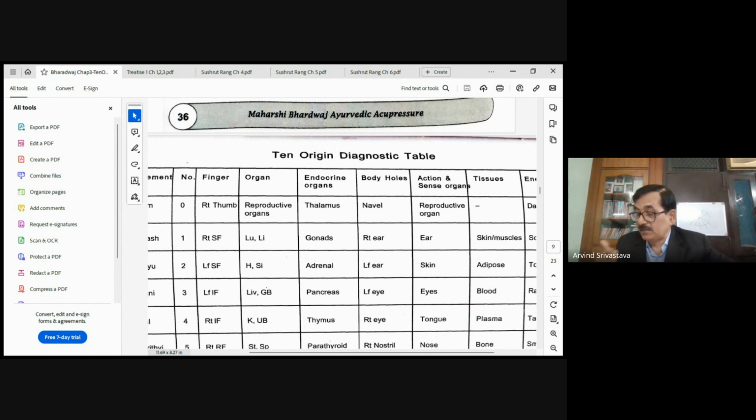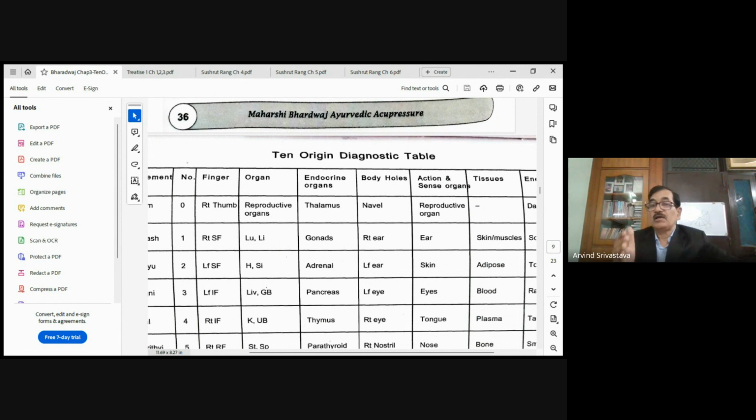These are the tanmatras: sound, touch, radiance, taste, smell. These are all 5: shabd, sparsh, roop, ras, gandh. So for action and sense organs, whatever our indriyas, whatever sense organs just achieve this one, either sound or radiance or taste.